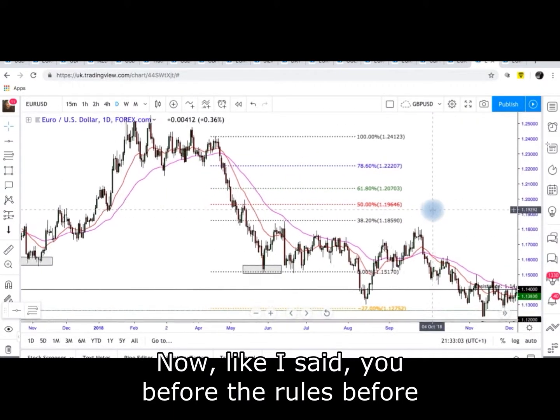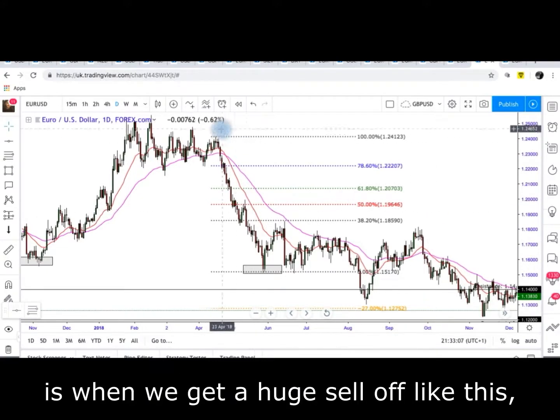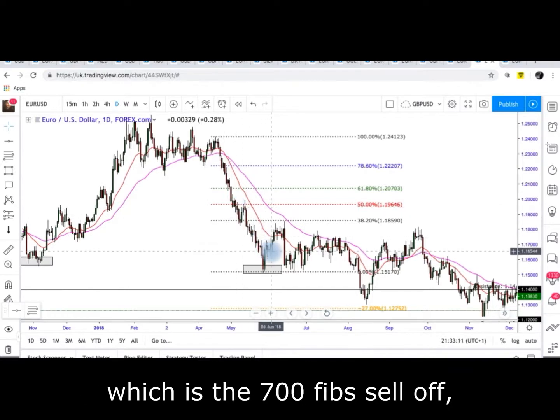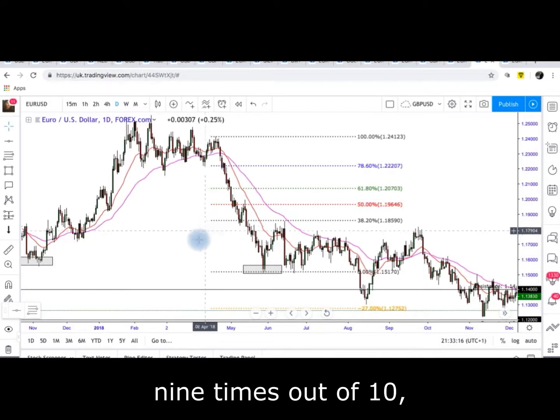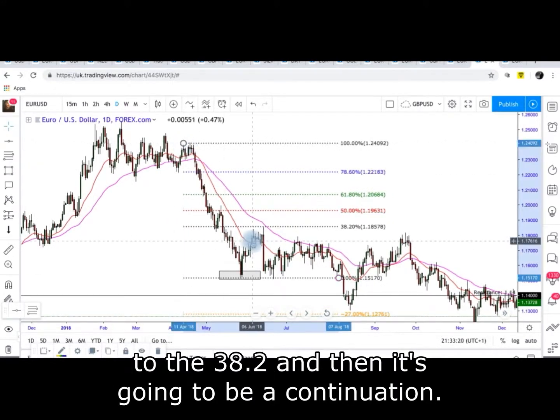Like I said before in the rules with the Fibonacci levels, generally when we get a huge sell-off like this, a 700 pip sell-off, which is big for this particular pair, 9 times out of 10 you're only really going to come up to the 38.2, and then it's going to be a continuation.